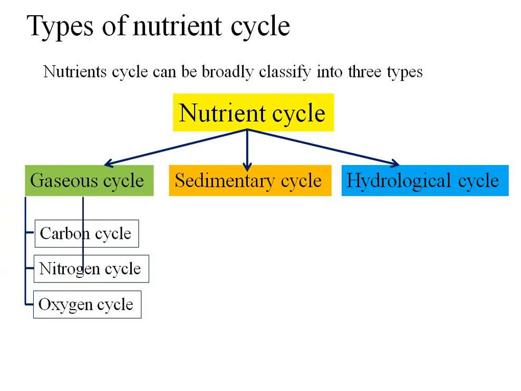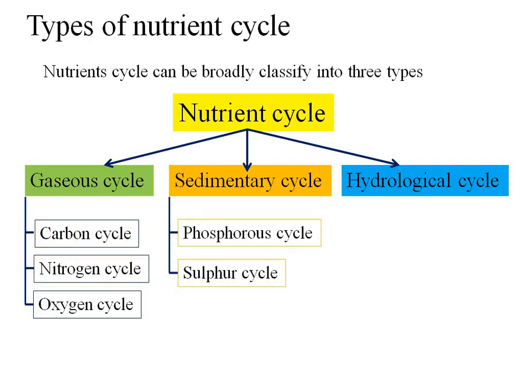Sedimentary cycles are of two types, phosphorus cycle and sulfur cycle, and hydrological cycle is the water cycle. These cycles are key natural processes that recycle the inorganic materials in an ecosystem, and those inorganic elements are again reutilized by the living beings for sustaining life.